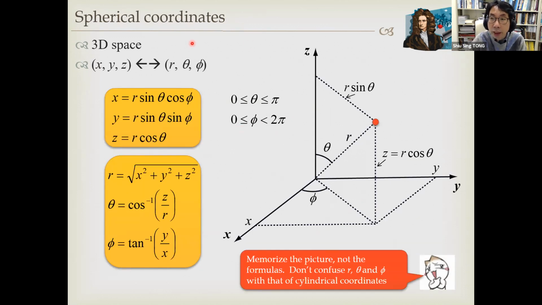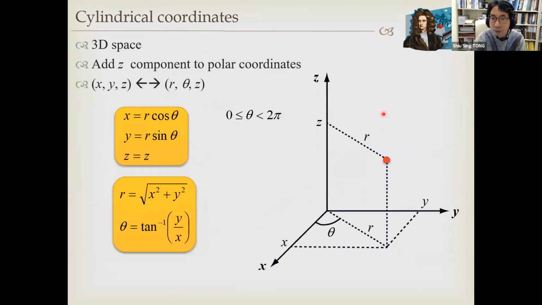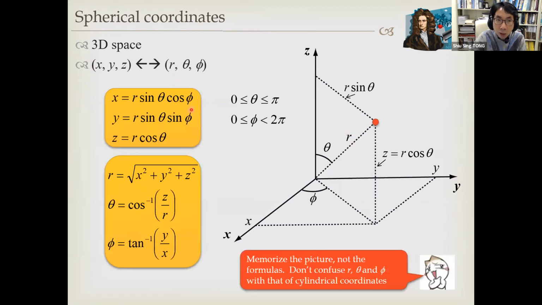Now we can also express a point in 3D space by the so-called spherical coordinates. Now this is a rather confusing symbol that you might dislike, especially the mathematician. They ask me why I use the symbol r for the distance between the point and the z-axis in cylindrical coordinate, and now I am using the same symbol r that denotes the distance of the point from the coordinate origin.